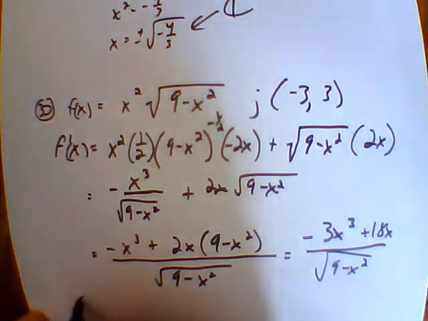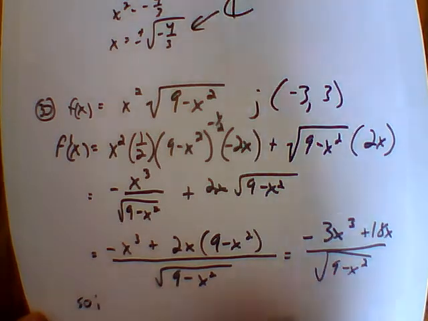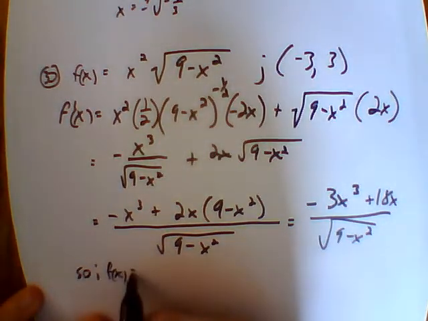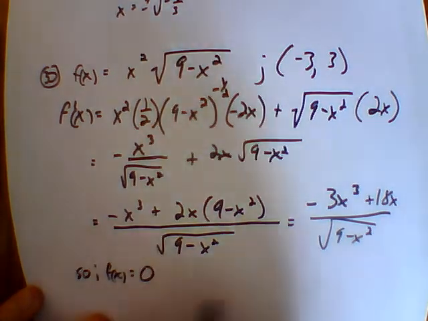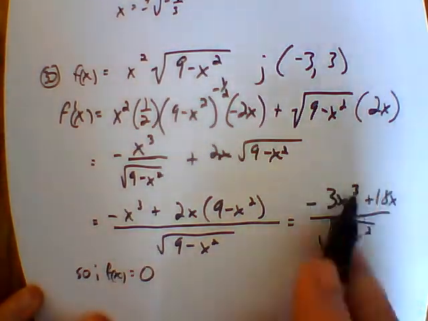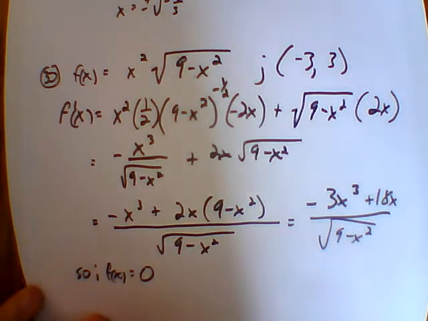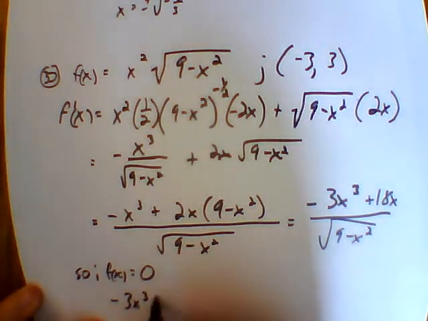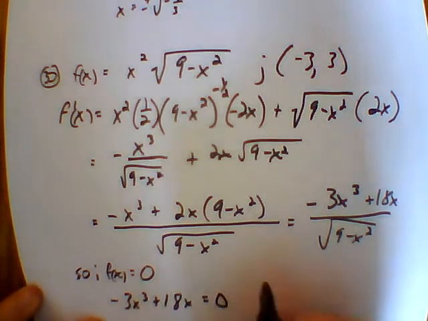So what we look at now is we want to know, when is this derivative going to equal 0? So when does f prime of x equal 0? Well, it is going to equal 0 when this numerator equals 0. So we take a look at having that negative 3x cubed plus 18x equals 0.